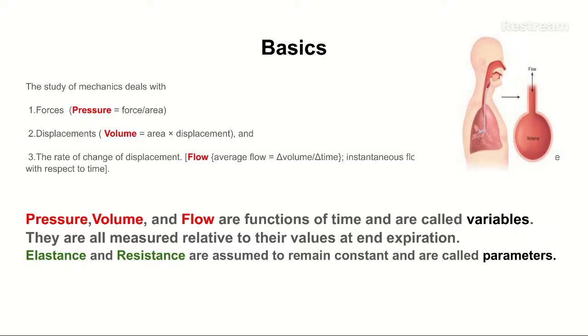So to cut short everything out of respiratory mechanics, you need to know only this, that if my patient needs a ventilator, it must be either of the two or the combination of the two. There is nothing else.